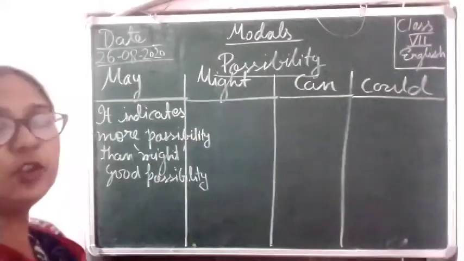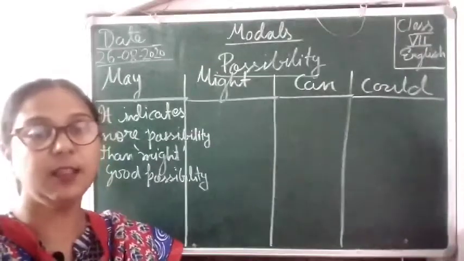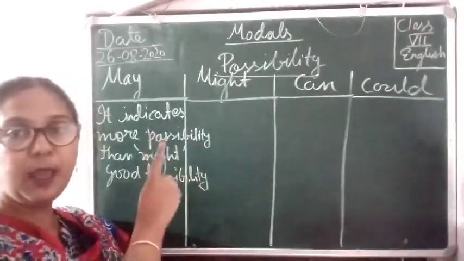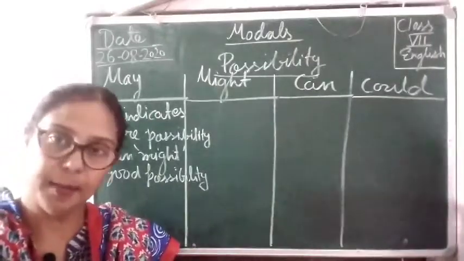It is much stronger than might. So that is why we can say this is good possibility. May can show the good possibility.